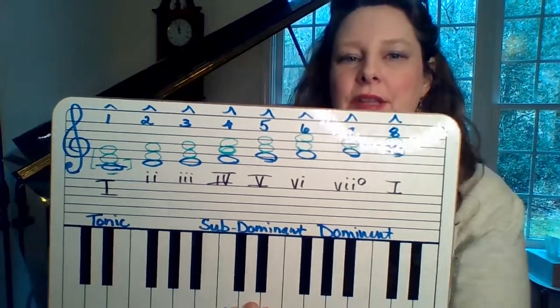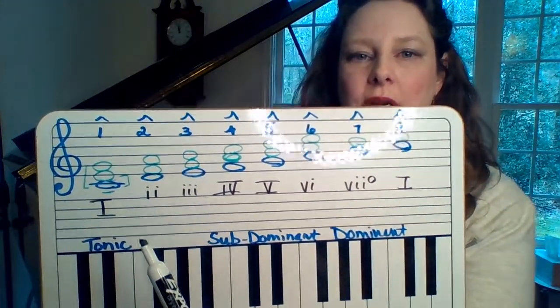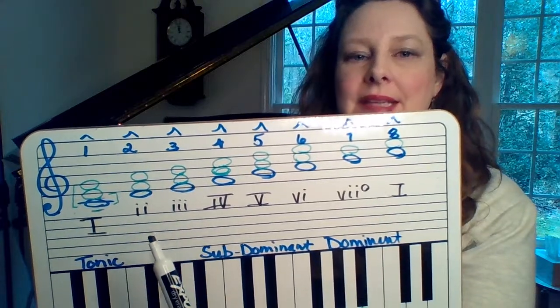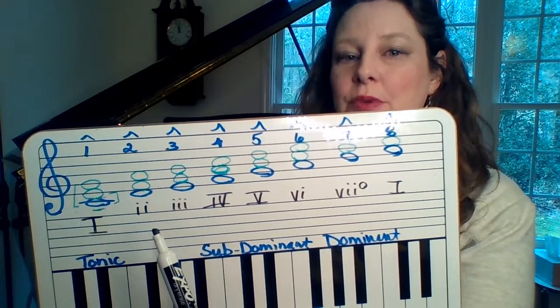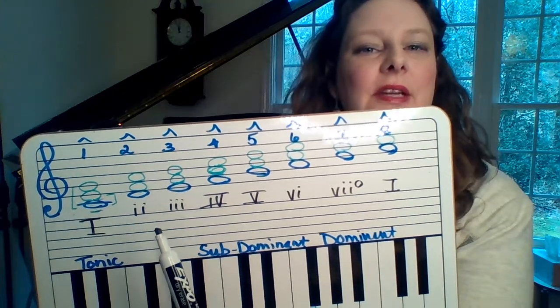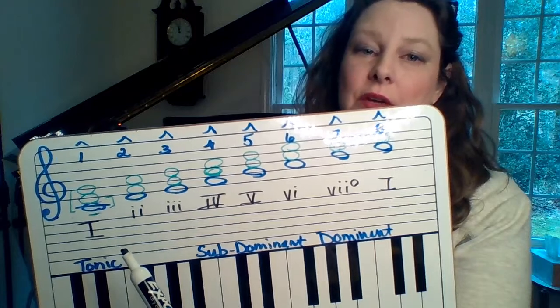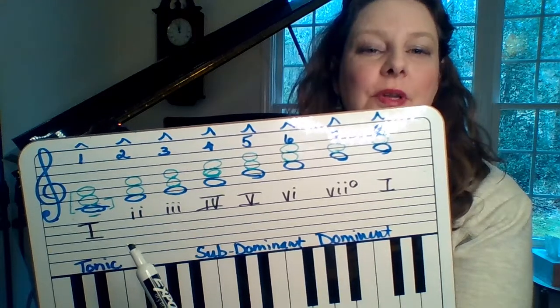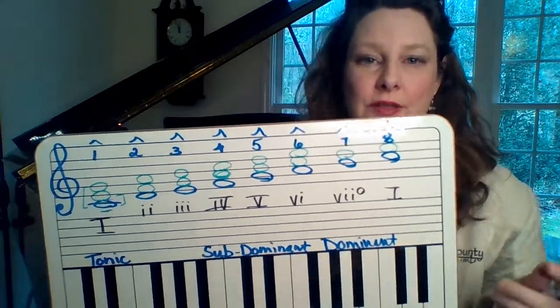I started with the first chord, the tonic chord is C, it's a 1 chord. My second chord, the D chord, is a Roman numeral 2. But you can see that I've done a small Roman numeral 2, not a capital like I did for the tonic chord. The reason for the small Roman numerals, those are minor chords.